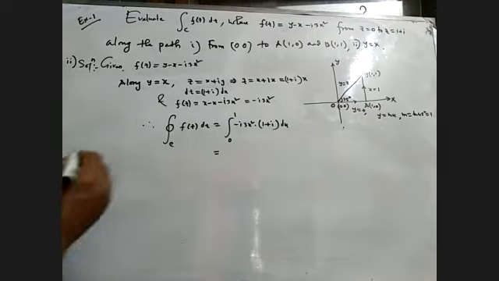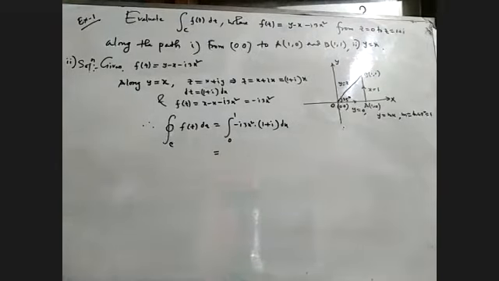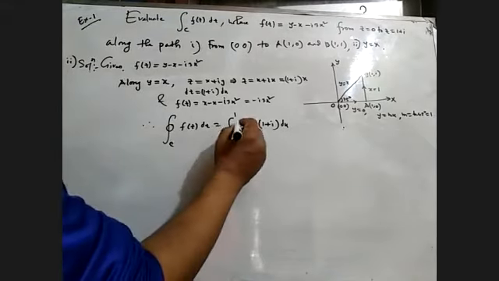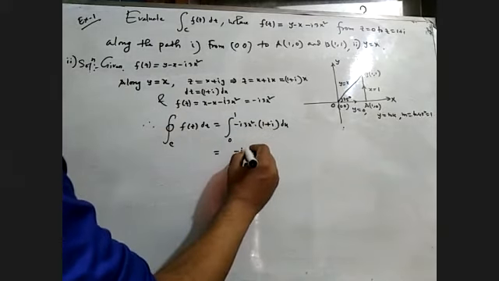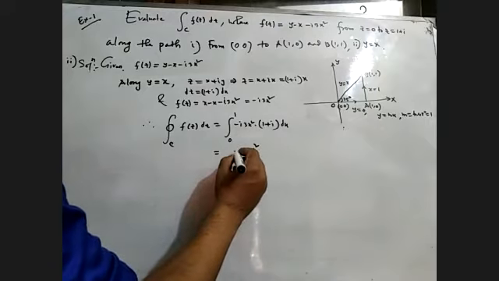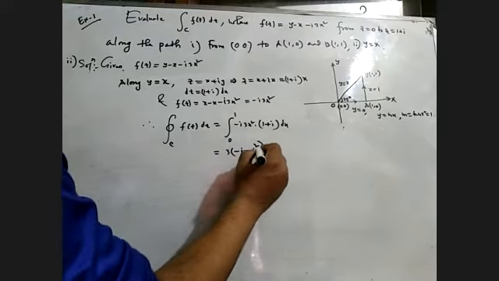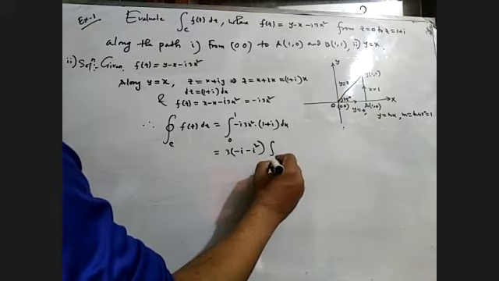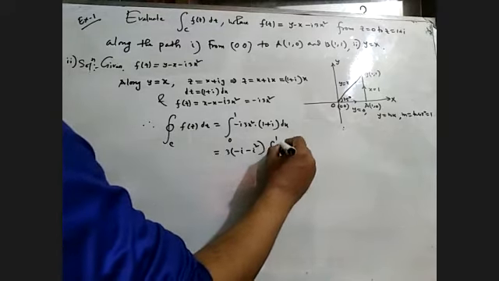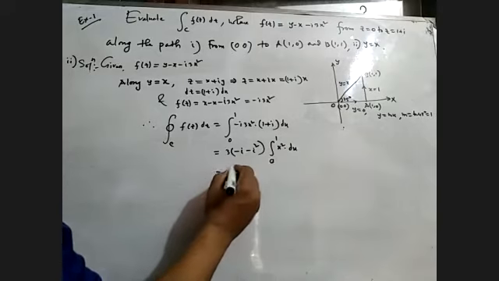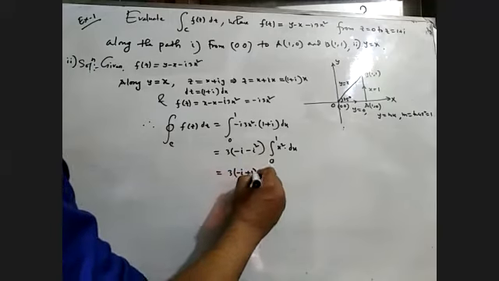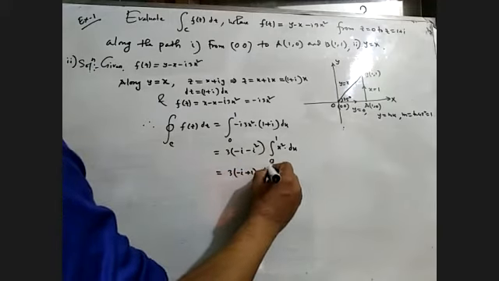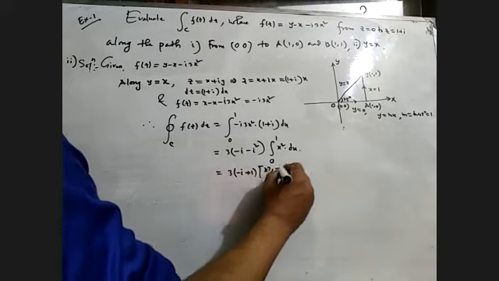Now this can be found by just multiplying minus i, minus i, minus i square, integral 0 to 1 of x square dx. So 3 minus i square means what? Minus 1. So plus 1. And here x cube by 3, upper limit 1, lower limit 0.